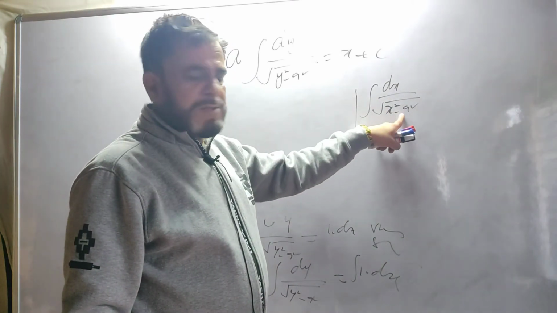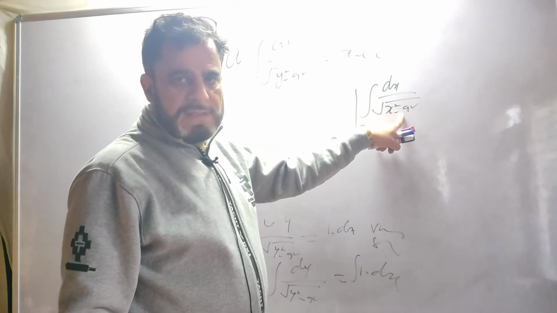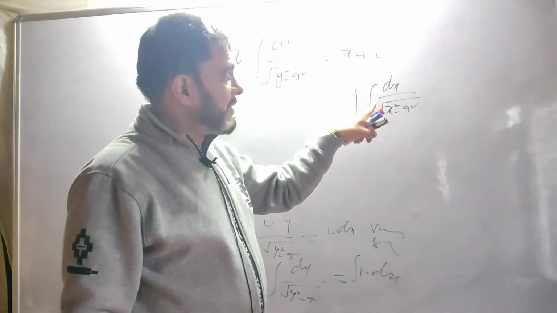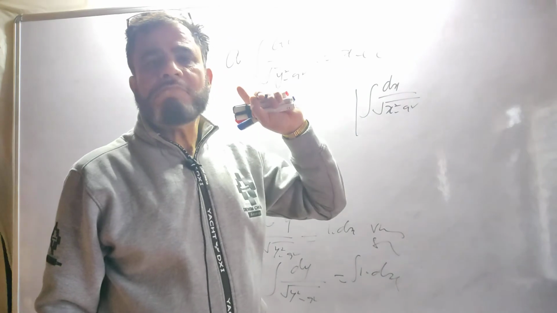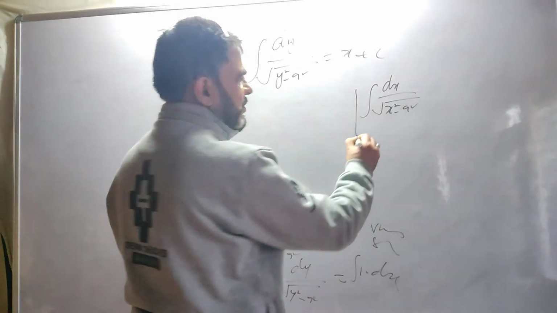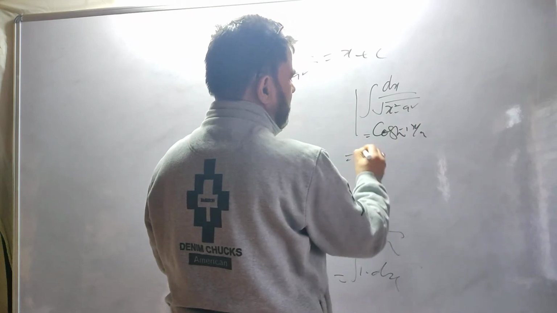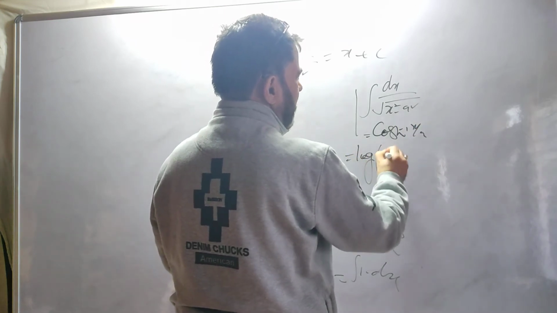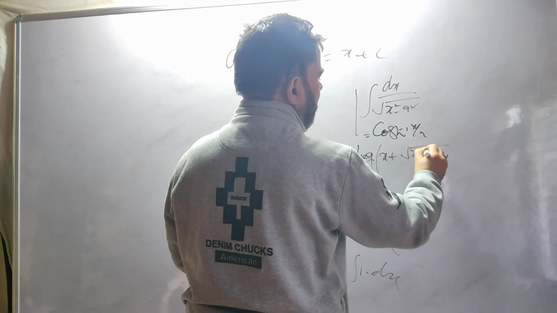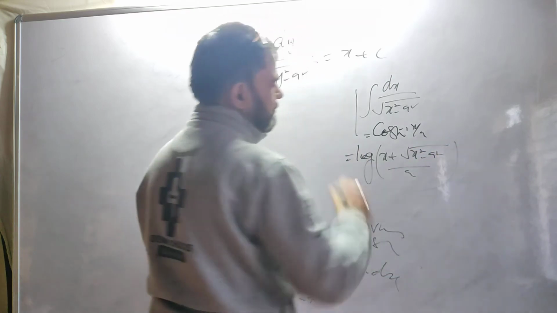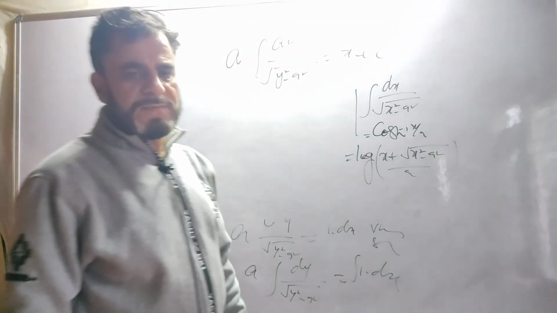Second is x square plus a square, that is sine inverse x by a or log of x plus. Now it is x square minus a square. This you can write cos inverse x by a, or this is log of x plus under root of x square minus a square by a. This is the formula for this.